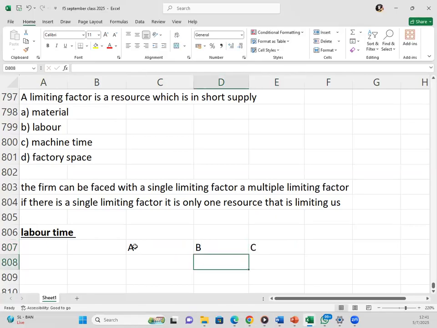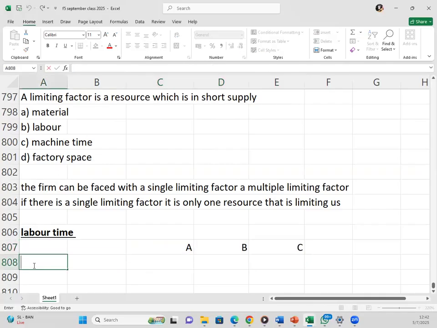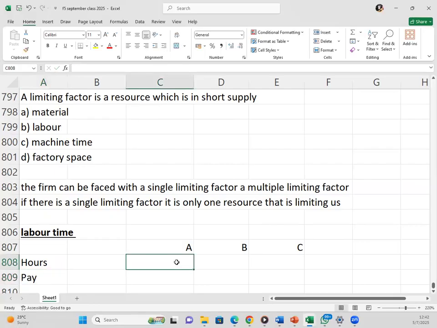They want to hire you, company A, B, or C. Then company A is saying, we want you for, let's say, the hours and the pay.